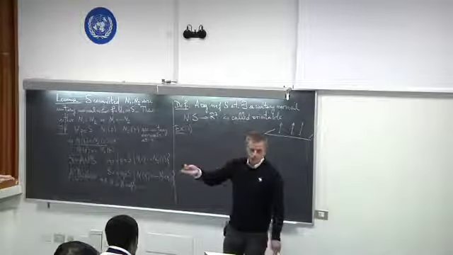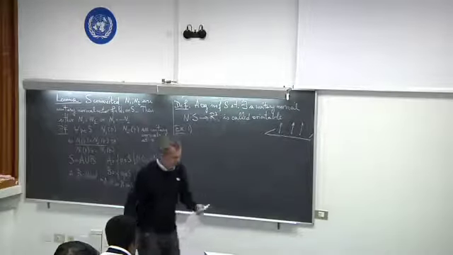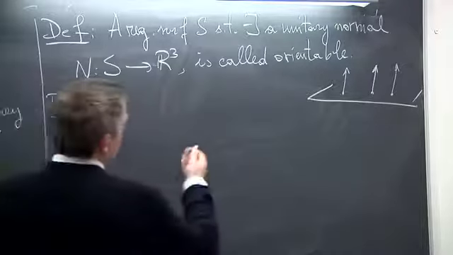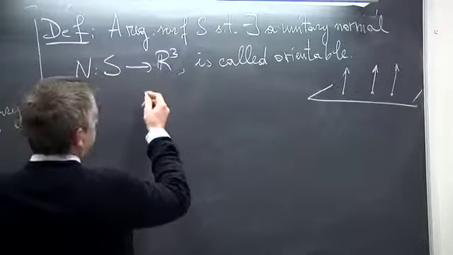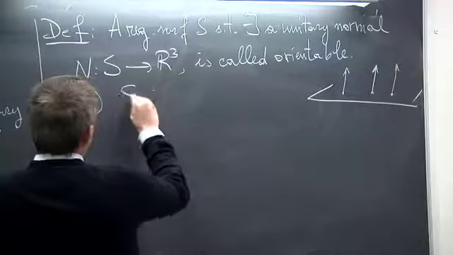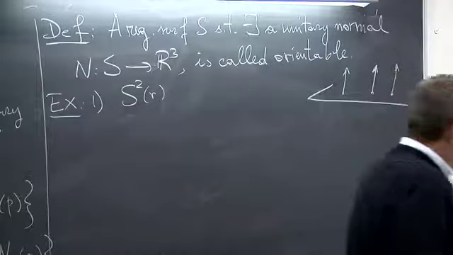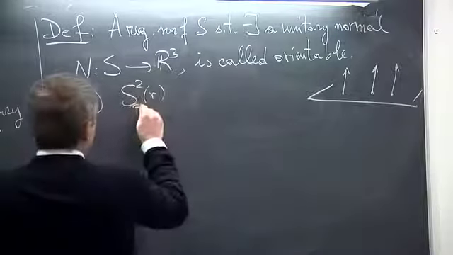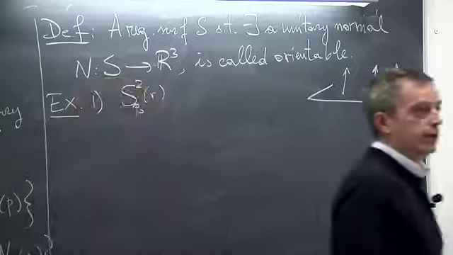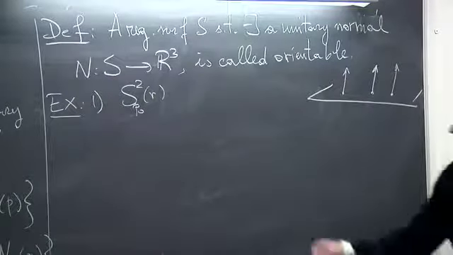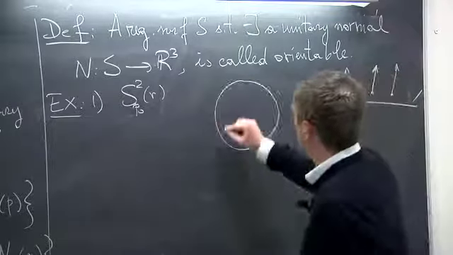Example 1, the sphere, okay? So is the sphere orientable or not? Let me simplify notations. Let's do the general case, a sphere with a given center P naught and a given radius R. Is it orientable or not? Let's draw a picture again.